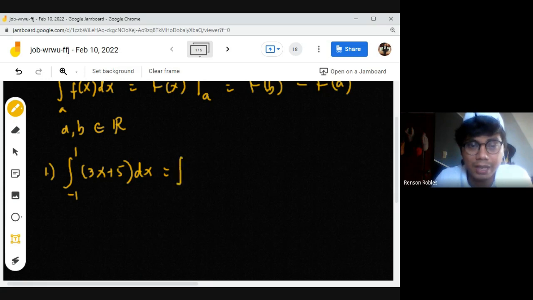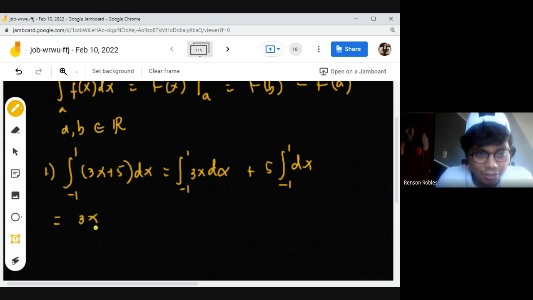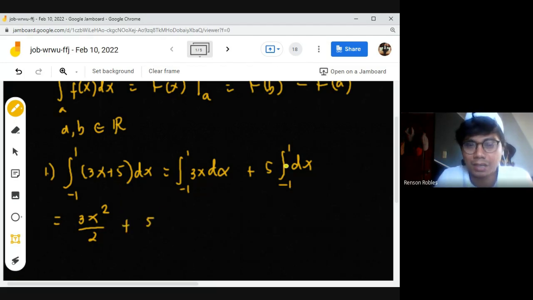So this can be written as the integral from -1 to 1 of 3x dx, plus 5 times the integral of dx evaluated from -1 to 1. And this will give you 3x squared over 2, that's the integral of 3x dx, plus 5 integral of dx, so that would be x, evaluated from -1 to 1.